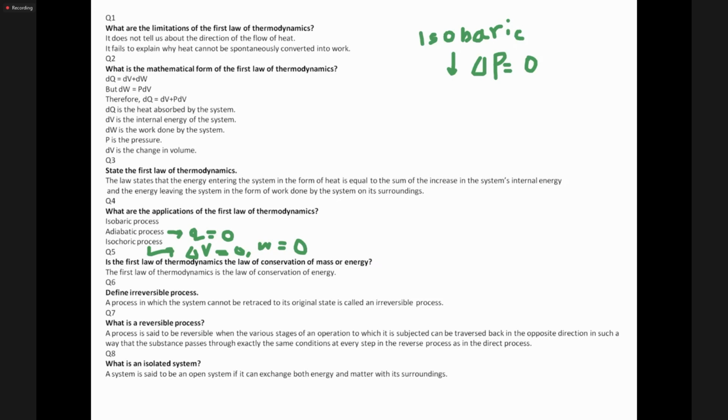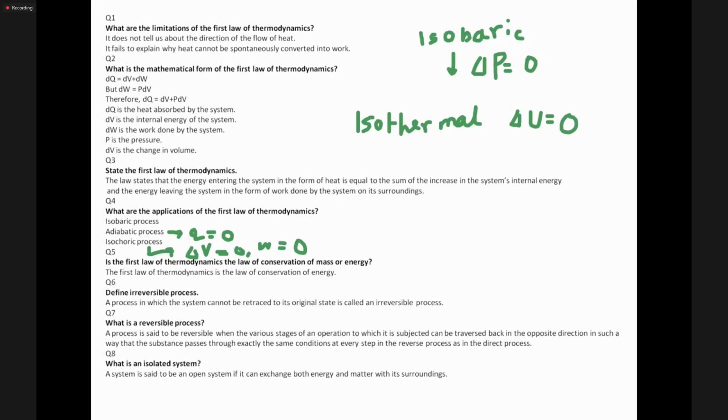In isothermal processes, delta U will be 0, because there will be no temperature change of the system. That means there will be no internal energy change.